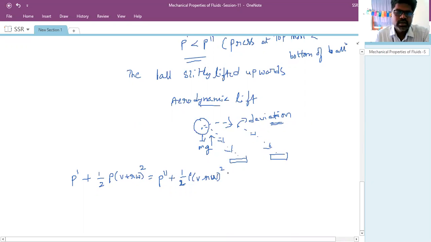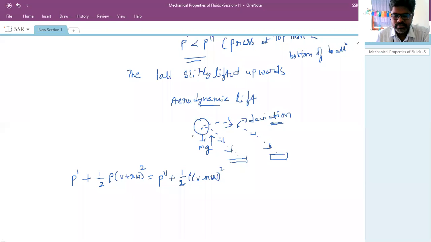Are you clear on this equation? Here I neglected gravitational energy, because the gravitational energy will be the same for the topmost and bottommost points; there is no big difference. Only the pressure difference matters: P dash plus half rho (V plus R omega) whole square is equal to P double dash plus half rho (V minus R omega) whole square.